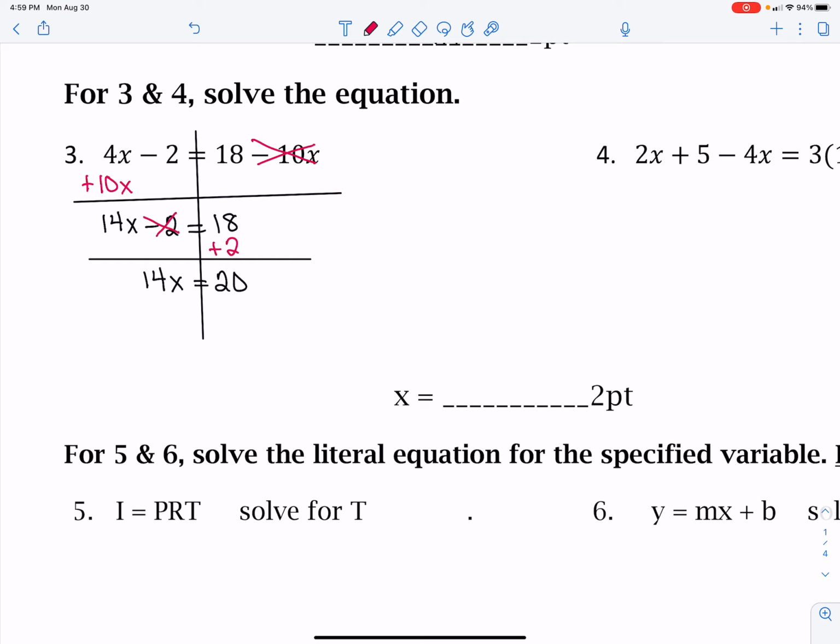So the inverse of multiplying would be dividing. So instead of multiplying on the left side, I'm going to divide on the right side. So I get x equals 10 over 7. Okay? So x equals 10 over 7.